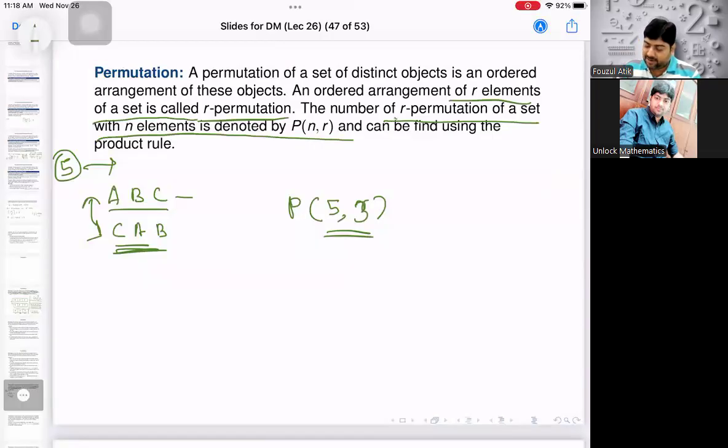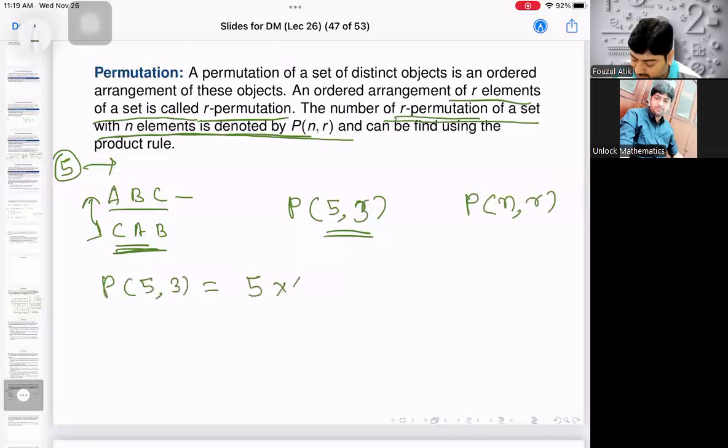That means the number of r-permutations of a set with n elements is denoted by P(n, r). And how have we calculated it? We have done it using the product rule, right? For P(5, 3), for the first position we have 5, second position 4, third position 3.